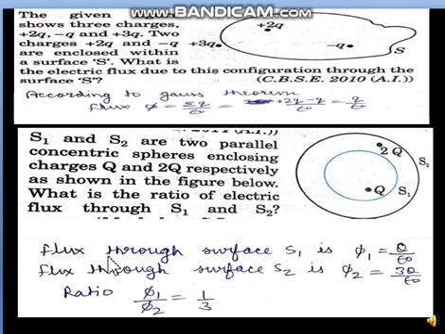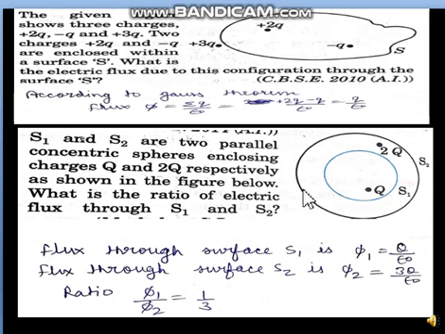So flux through S1, we will call it phi1. How much charge is enclosed inside the surface S1? That is only q. So it will become q upon epsilon 0, flux phi, according to Gauss theorem. Then flux through S2, we will call it phi2. Focus on this S2 surface.